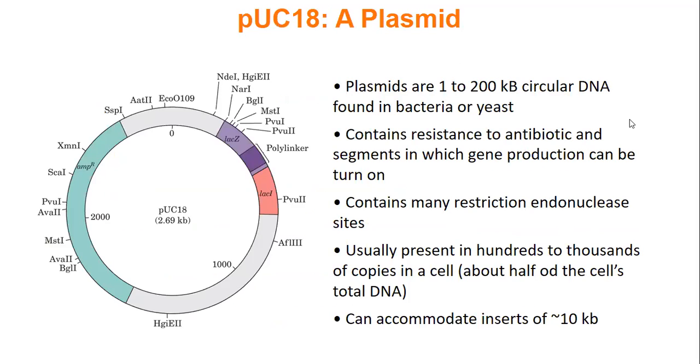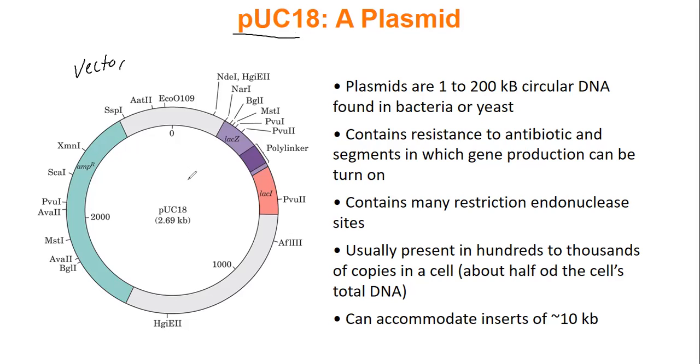So the first thing we're going to talk about is our vector. This is called a vector or a plasmid, right? You'll see it either way. This is called pUC18, University of California, variant 18. This is not the only plasmid in the world.